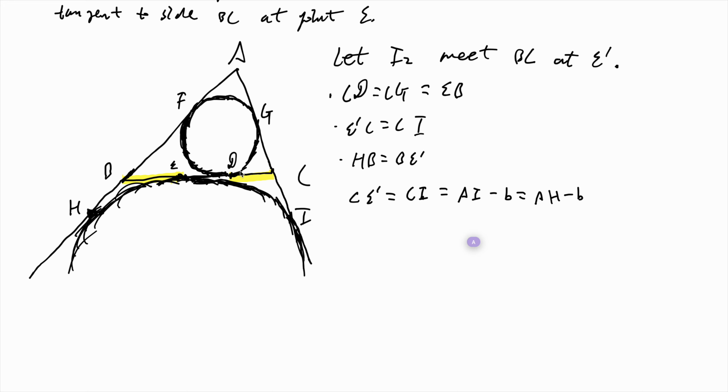So CE prime is equal to CI, equal to AI minus B, is equal to AH minus B. What is AH? AH is equal to AB plus BH, which is BE prime minus B.